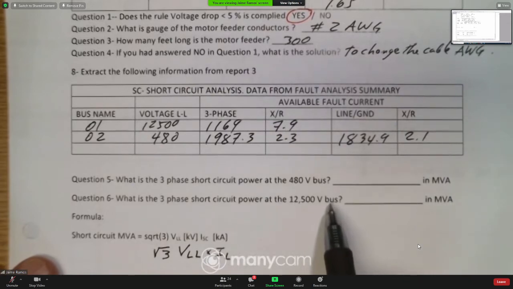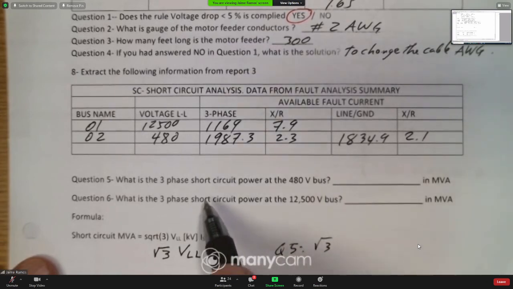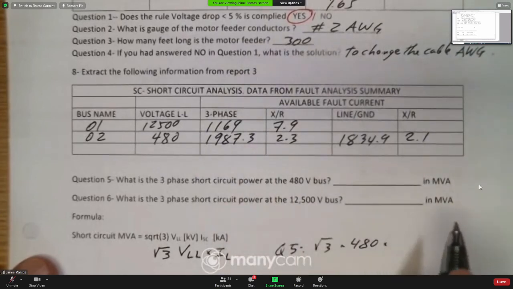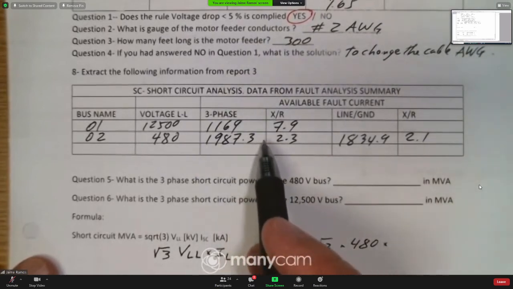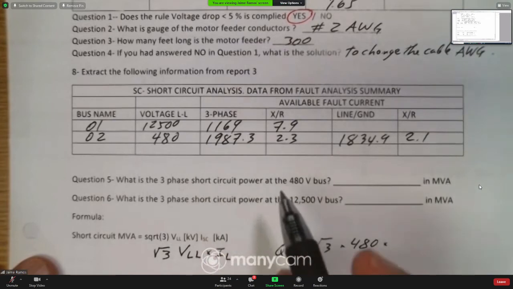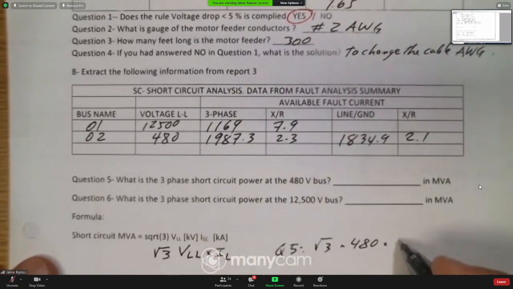And then on the medium voltage bus, on the 480 volt bus, so here it is going to be the square root of 3. So Q5 is going to be the square root of 3, 480, and then the three-phase 198, like that.